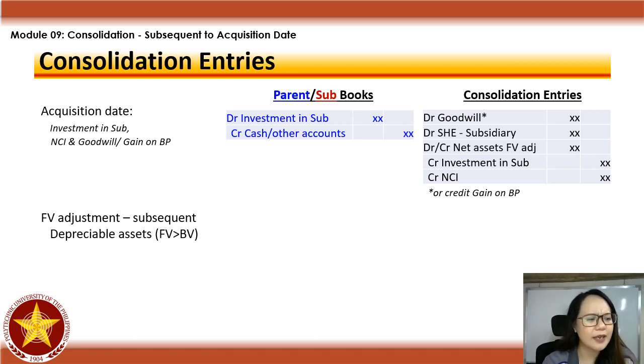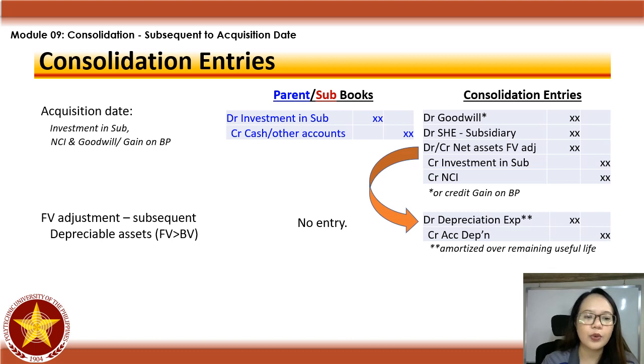Then next, what if there is a subsequent fair value adjustment for depreciable assets? For example, the fair value of the subsidiary's PPE as of acquisition date is higher than its book value. The depreciation expensed in the subsidiary's books is smaller, right? Because its depreciation is based on book value.